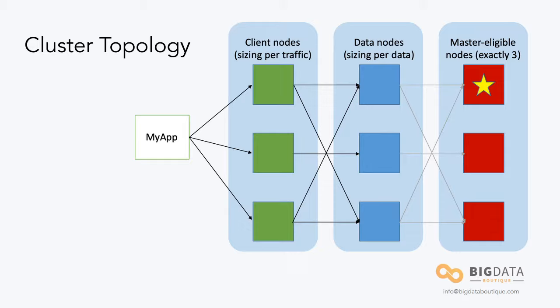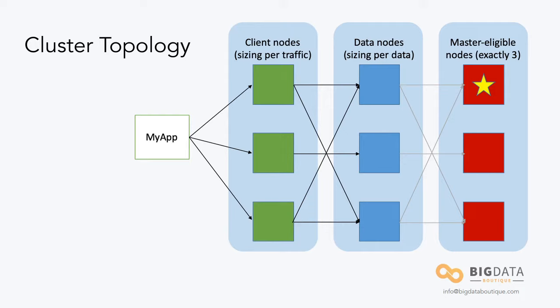Now, a lot of people think that when you do things with the Elasticsearch cluster, for example, when you write data, you have to go through the master, and that is not true. Only cluster metadata updates are going to have to go through the master node, but not every request. This is why you shouldn't really dedicate any efforts or any resources to the master nodes.